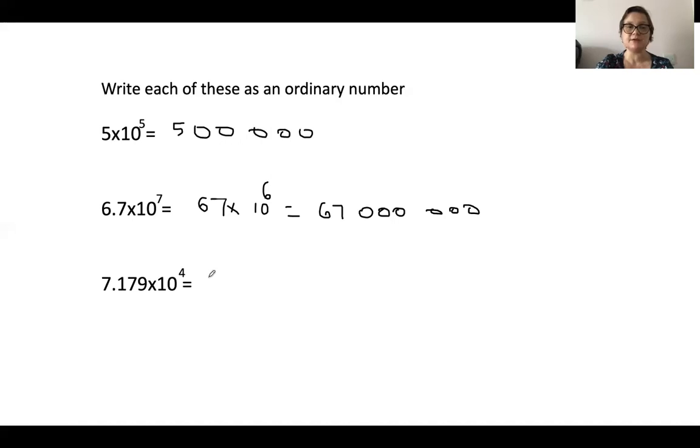So I'm going to have 7,179, and then times just 10 to the power of 1, which is left from 10 to the power of 4. And then multiply this number by 10. I'm going to have 7,179, add a 0, and then count from the right, 1, 2, 3. So it is 71,790.